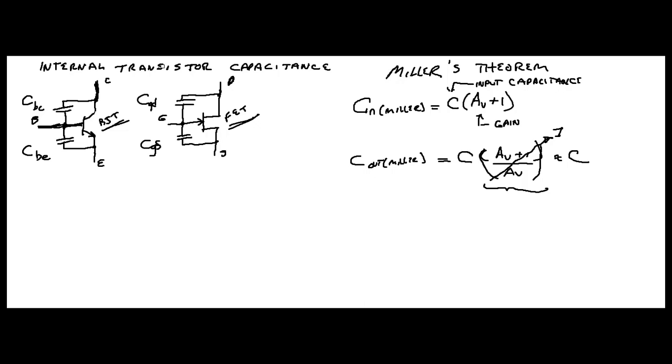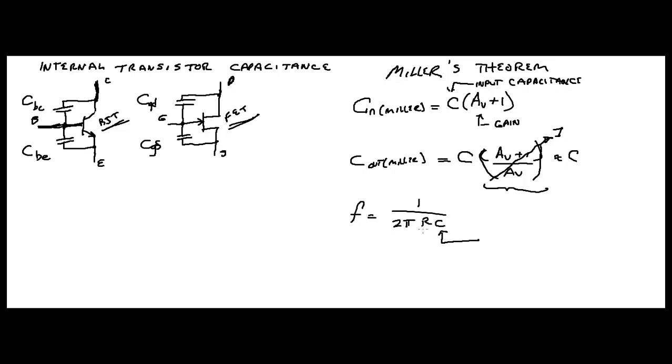You're going to need to know this because your capacitance needs to be determined when you're calculating your critical frequency. Remember, your critical frequency is going to be equal to 1 divided by 2 pi RC. This is what you need to calculate.